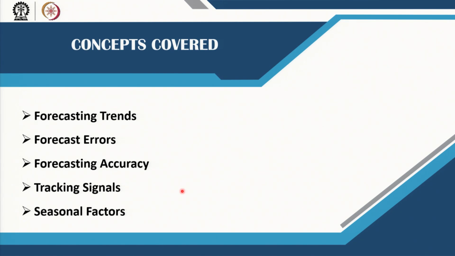Then we will be discussing the role of tracking signals, mainly to detect whether the forecasting model is stable and the results that we are getting are consistent or not. And then we will take up one example where there is some evidence of seasonal demand pattern. Okay. We will find out the seasonal factors and then deploy that in forecasting demand pattern for the next planning horizon.